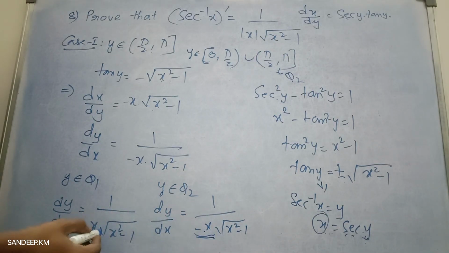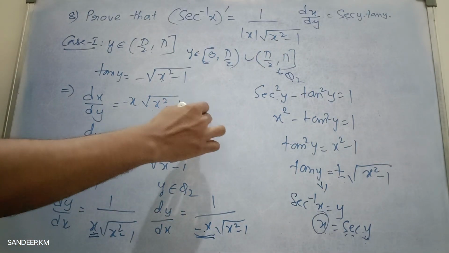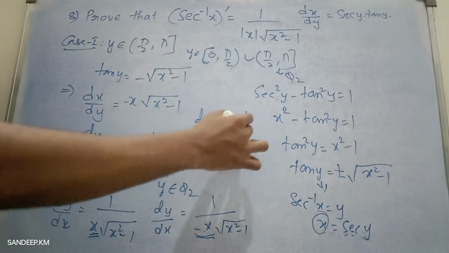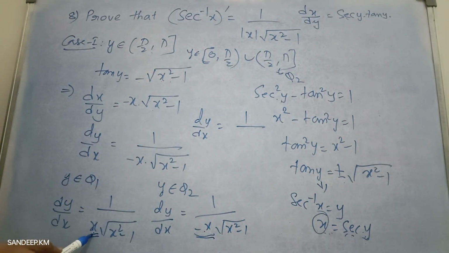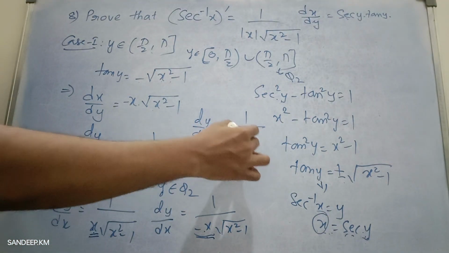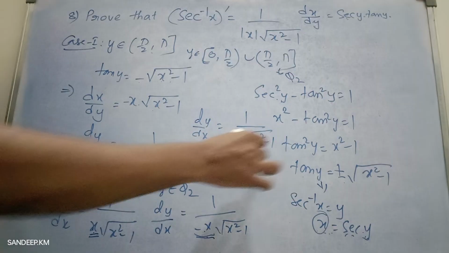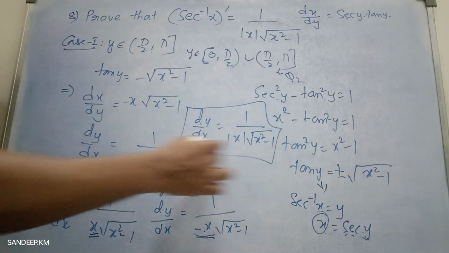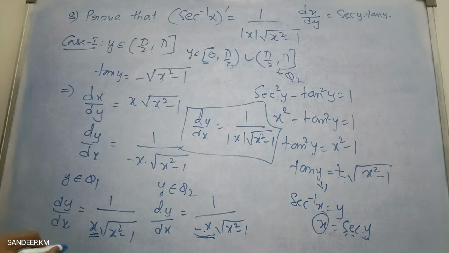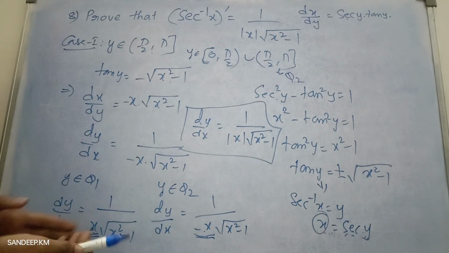I am combining these two results as dy by dx equal to 1 by mod x into root of x square minus 1. Since x is positive here and minus x is positive here, by definition these two can be replaced with mod x. Is it clear? That is how we are combining these two results.